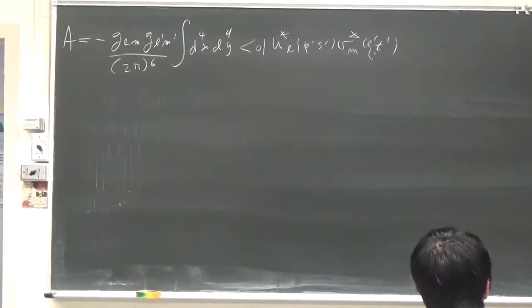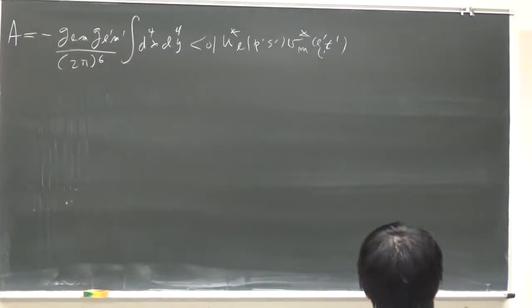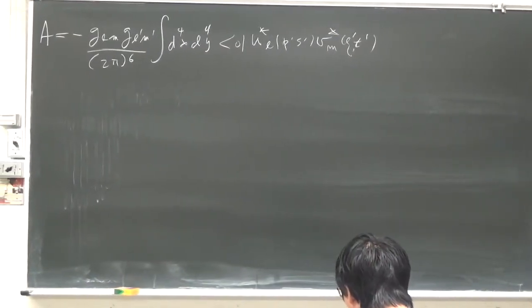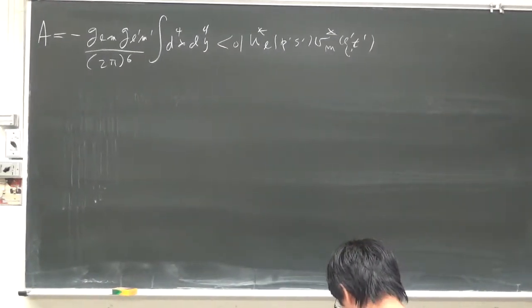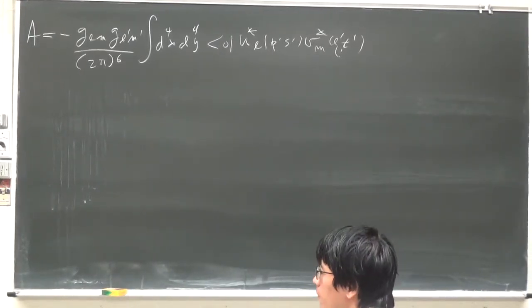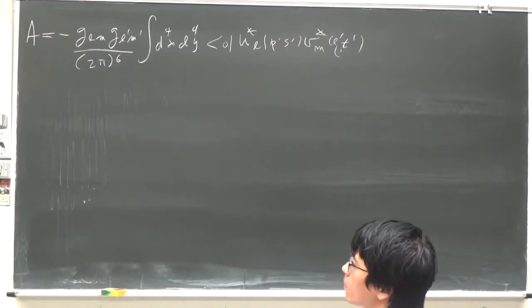Yes, but coming into the process. In other words, there's an initial state and a final state. The initial state consists of the incoming particles. The final state consists of the outgoing particles. This is a scattering experiment.